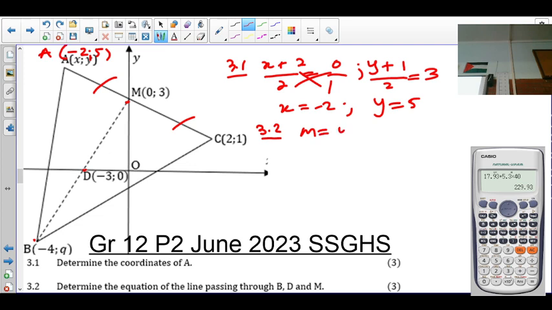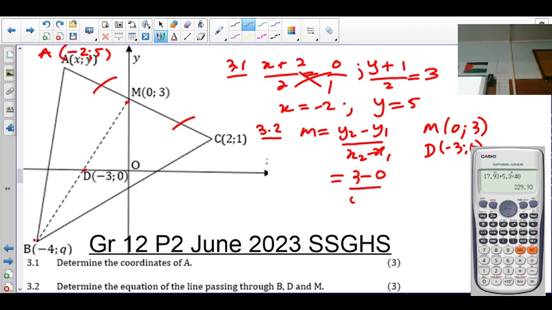The gradient is y2 minus y1 over x2 minus x1. I'm not going to use the coordinates of B because B has an unknown value there. So I'm going to use M, which is (0, 3), and D, which is (negative 3, 0). So it's 3 minus 0 over 0 minus minus 3, which gives an answer of 1. So y is equal to 1x plus c, and c is your y-intercept, which in this case is 3. So the equation of this line is y equals x plus 3.